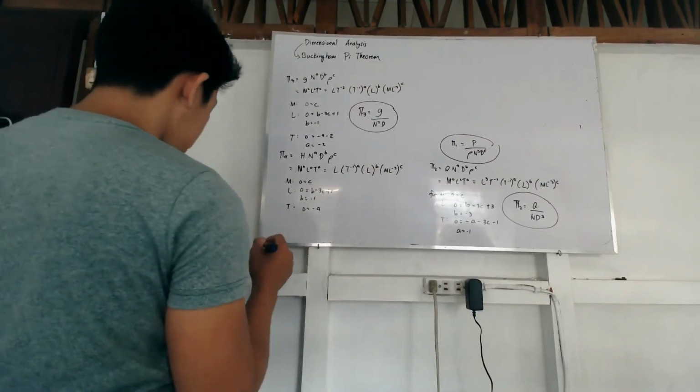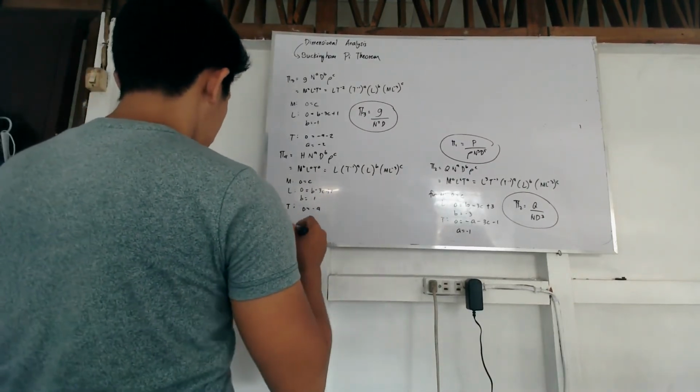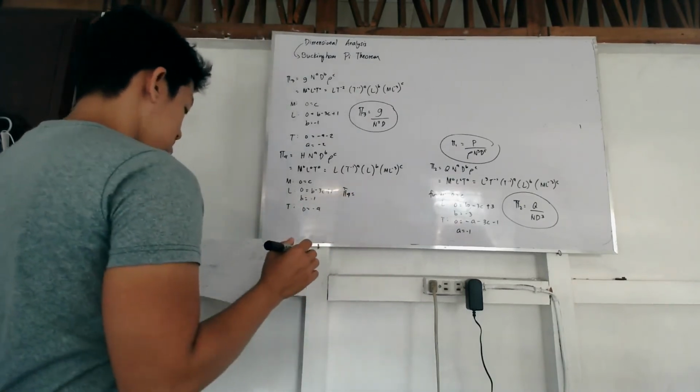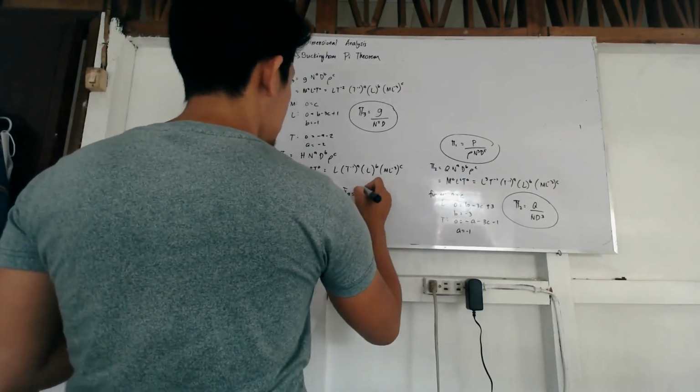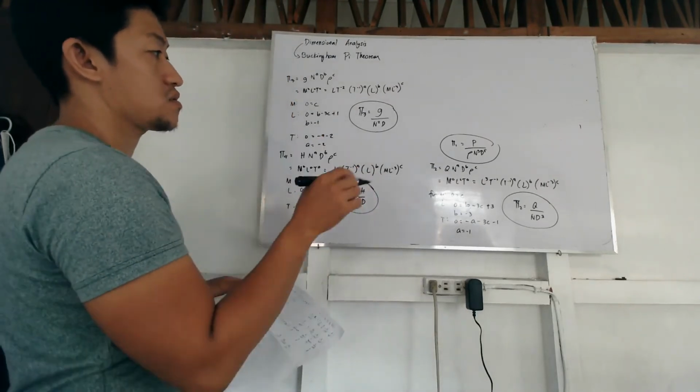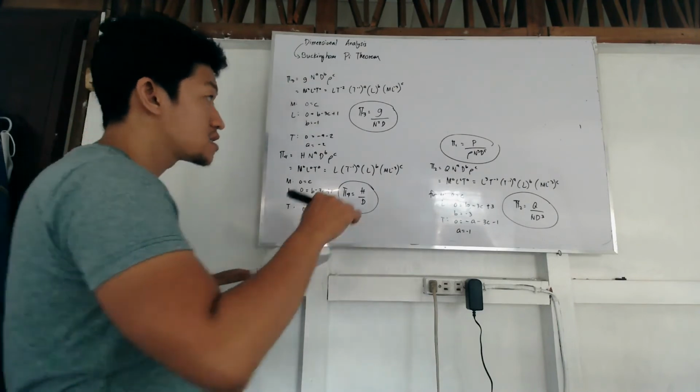Okay. A equals 0. Therefore, pi 4 is H over D. Okay, 1, 2, 3, 4. Last.